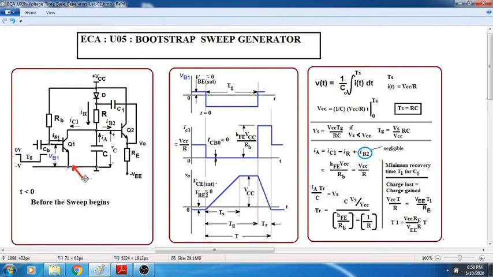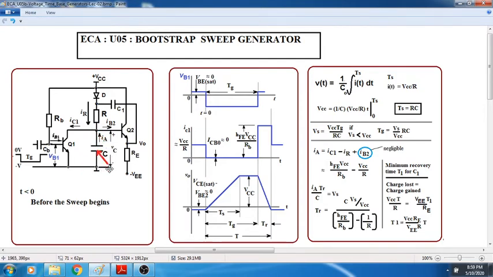What is the voltage between this reference point and the collector? Between the reference point and collector, the voltage is VCE sat for Q1. From here to here it is VCE sat, and obviously it's a very small voltage. So this is the voltage.